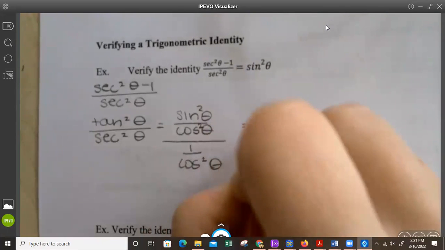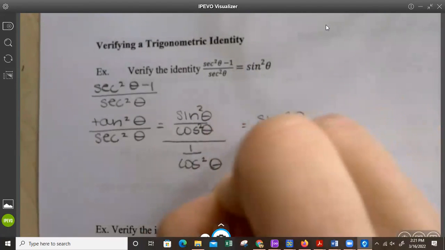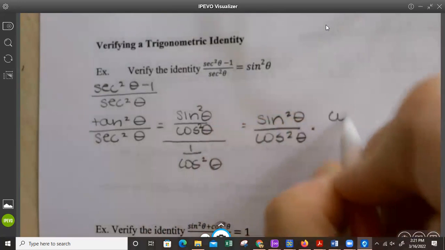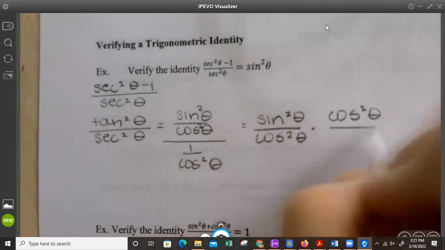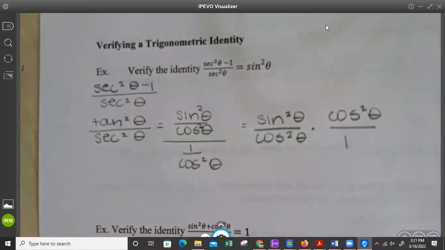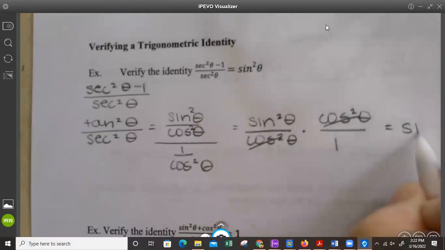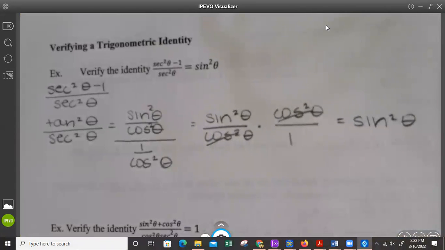We're gonna take that sine squared theta over cosine squared theta, and we're gonna flip to cosine squared theta over 1. And what do you notice? What are we left with? What did we want? Everybody see it? Any questions?